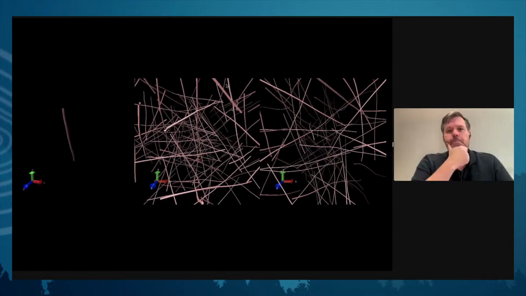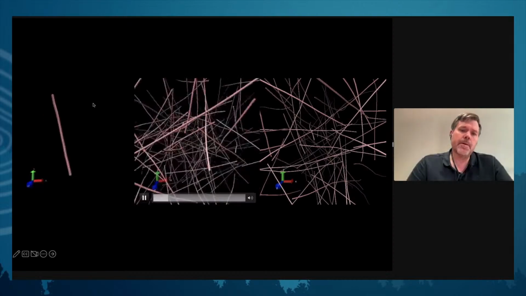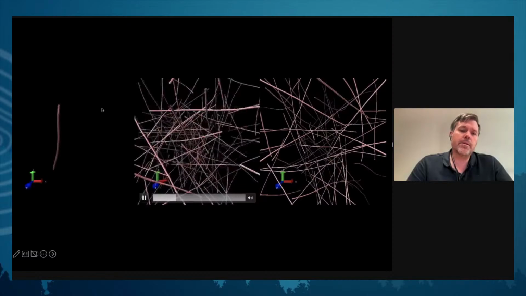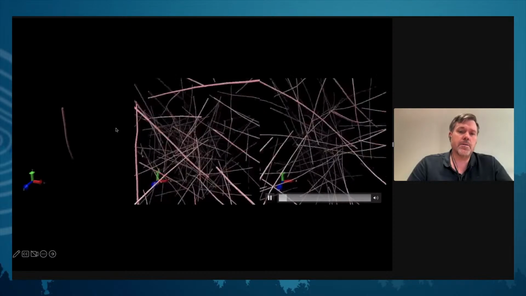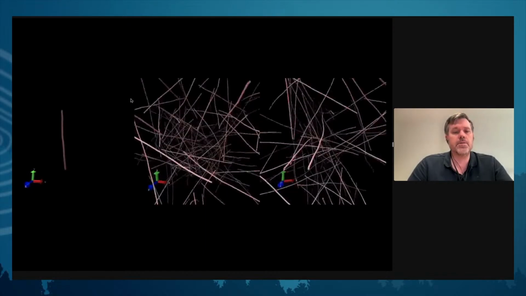And if we then ignore scale, it's just a question about crowdedness. We can actually calculate this crowding factor by trying to calculate how many fibers we have in a volume. This is the length of the fibers.